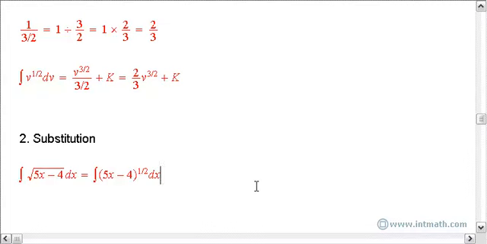Now with this sort of problem we should do some substituting, and the normal substitution to do is u equals 5x minus 4. I've chosen 5x minus 4 because that's what's in brackets here. The step that you do after that is always du/dx, and du/dx in this case is 5.